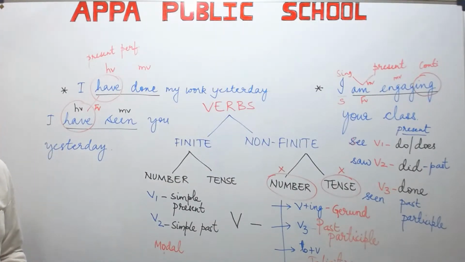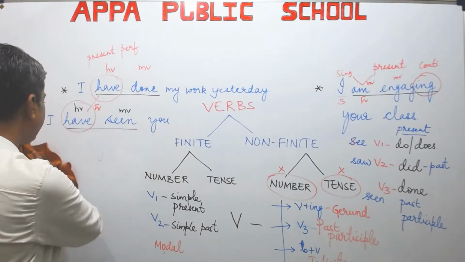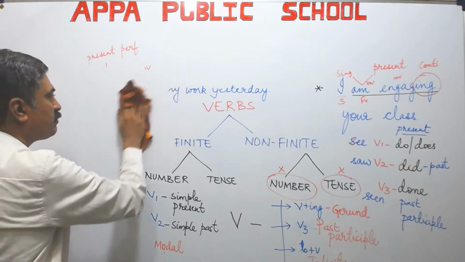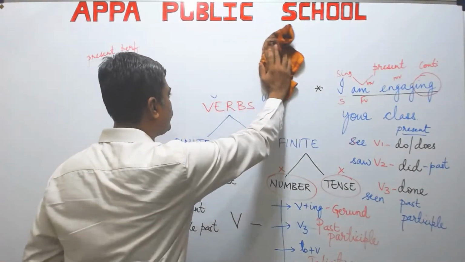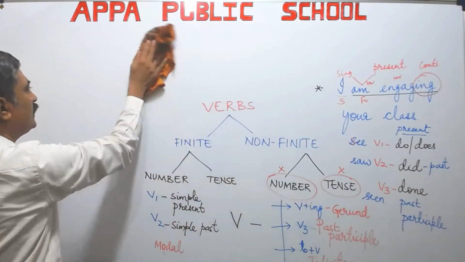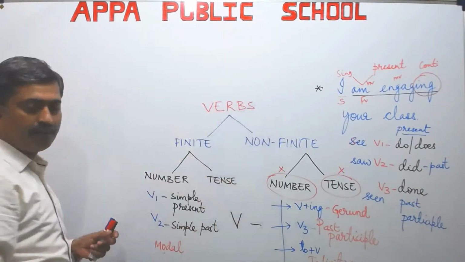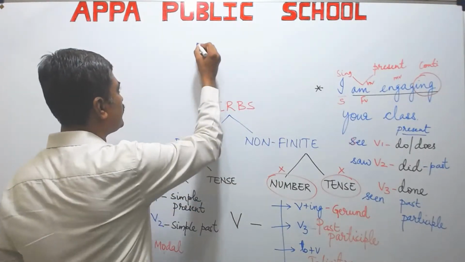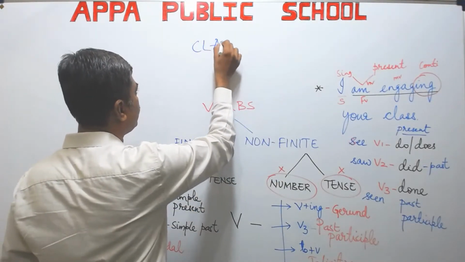Okay, so I guess this should be good enough for you to remember the finite and non-finite verbs, because we are studying the chapter in grammar which is called clauses, and verbs become very important to learn that chapter. So I'll get the title again.